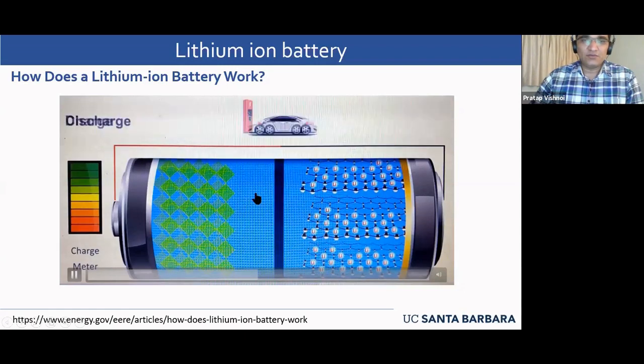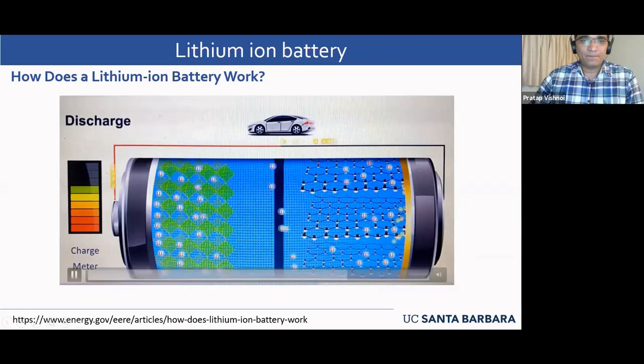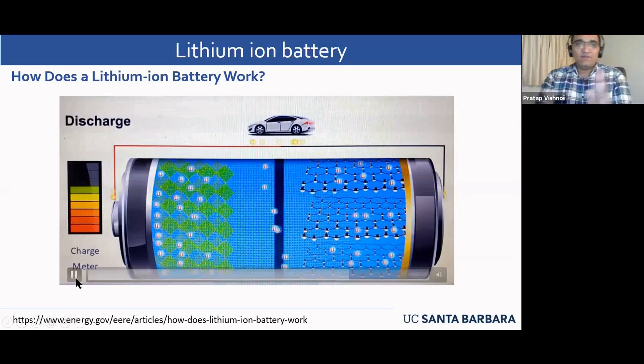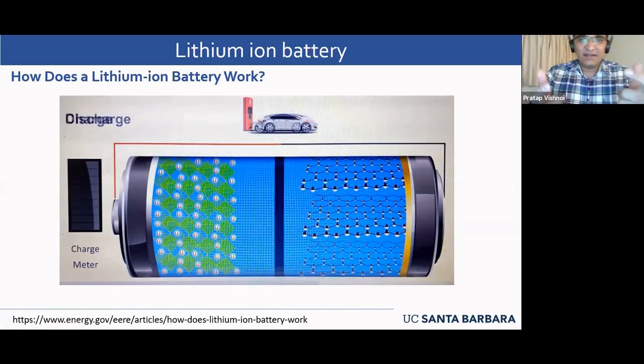Now discharging. They are going back to their original location. This back and forth movement of lithium ions is what makes this battery run day and night. You can charge and discharge several times.